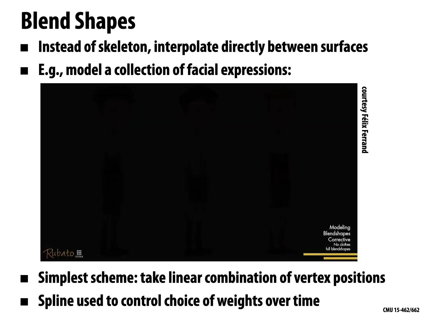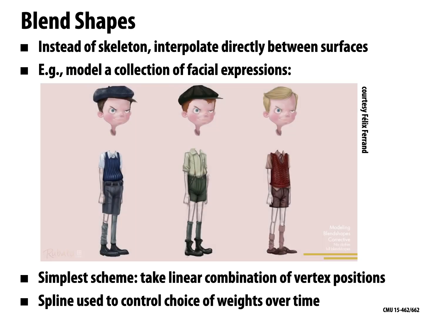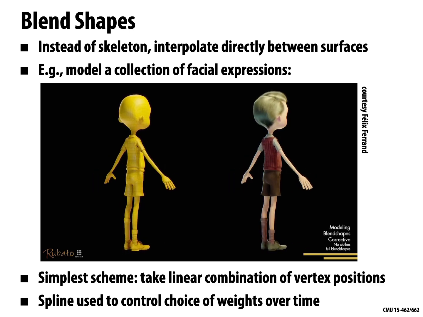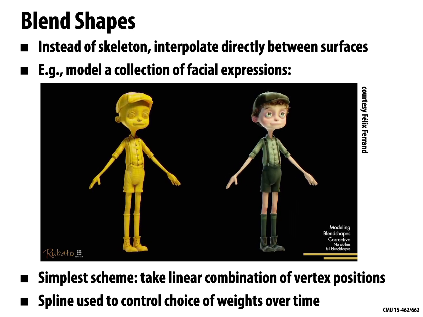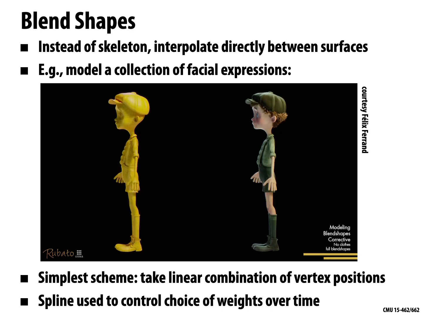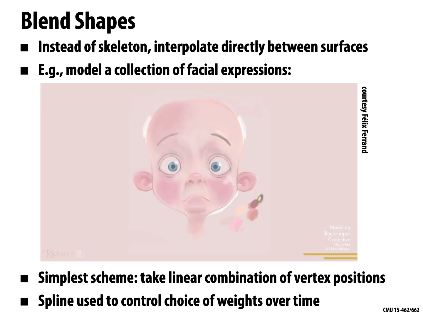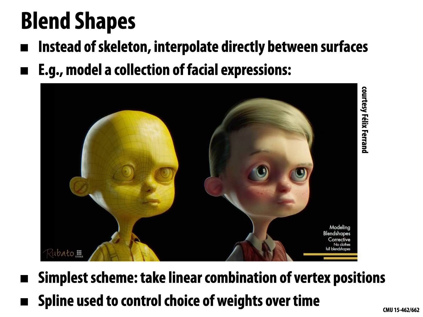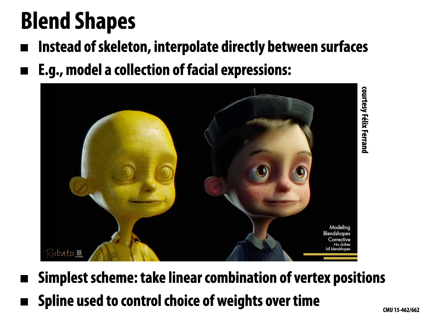Well, the splines are interpolating the coefficients in this linear combination. So I have a function that represents how happy I am over time. I have a function that represents how sad I am over time. Each of those is represented by a spline, and I add up those coefficients times the blend shapes. Okay.